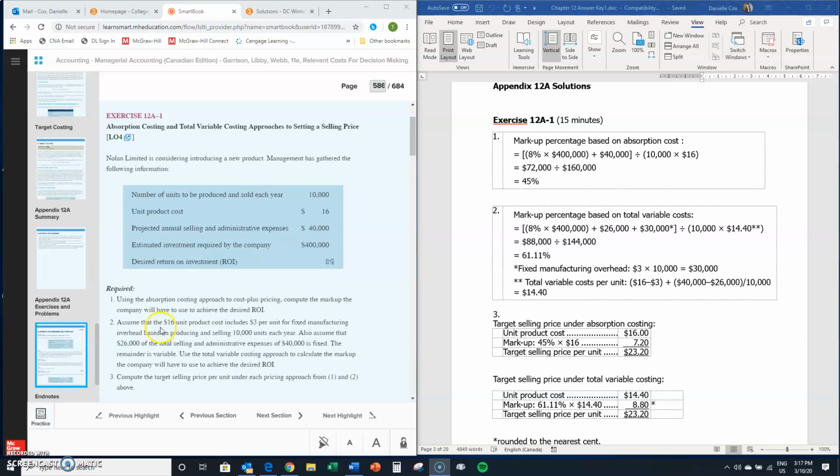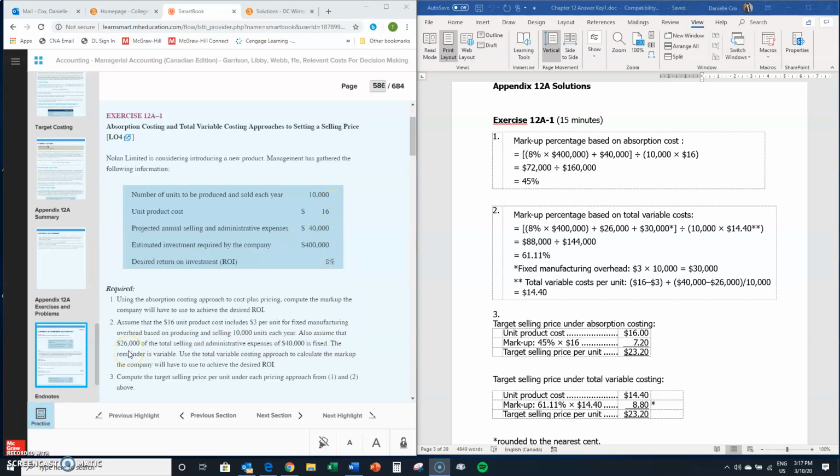Now in part 2, it says, assume that the $16 unit price here includes $3 per unit for fixed manufacturing overhead based on producing and selling 10,000 units per year. So $3 of that is fixed.